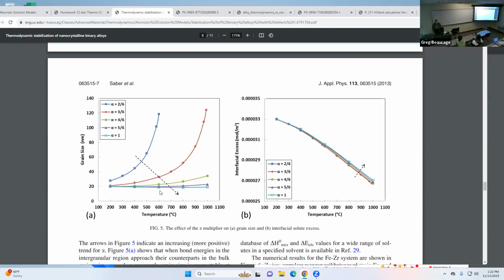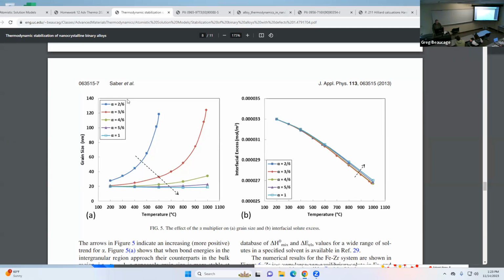So the arrow direction is blue to red, so alpha is getting larger. When alpha gets larger, you get closer to the equilibrium. So the interface gets alpha equals 1. The energy of the bonds at the interface is the same as the energy of the bonds in the bulk. This means the bulk and the interface become the same thing, so there's no selection criteria to change the grain size.